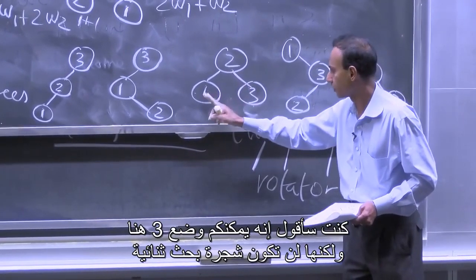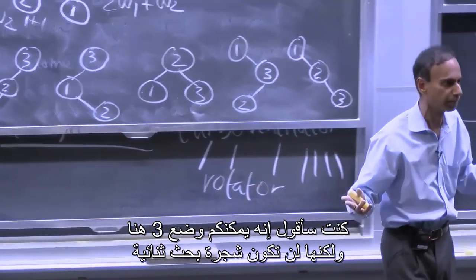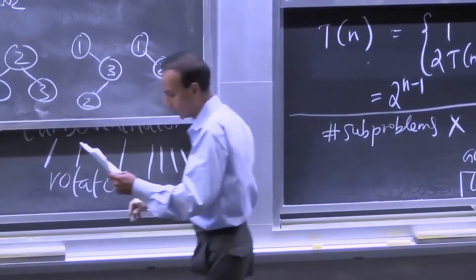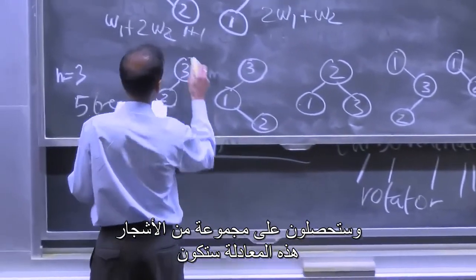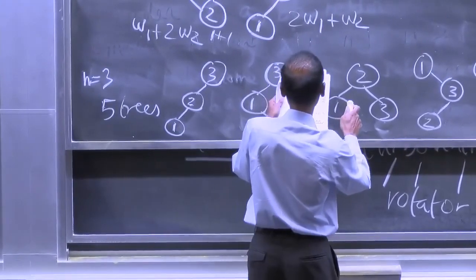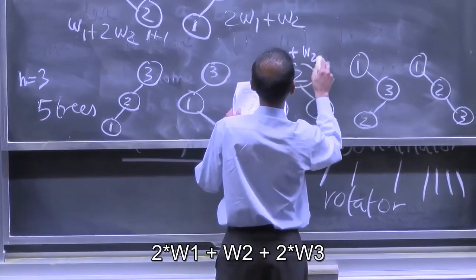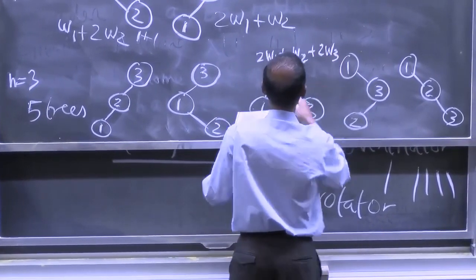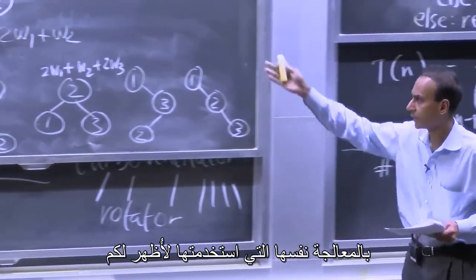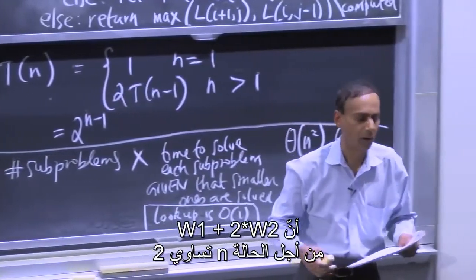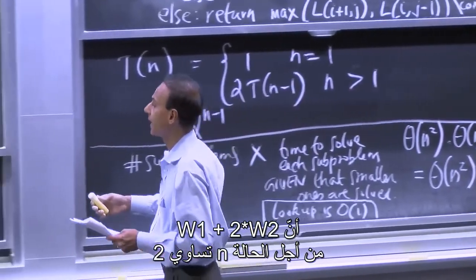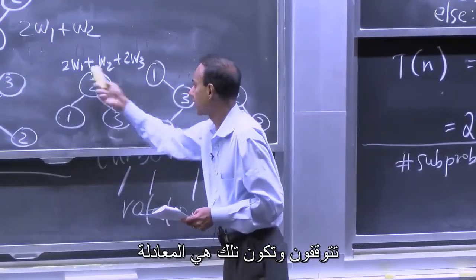I was going to say that you could put 3 in here, but that wouldn't be a binary search tree, right? So this is it, and we got a bunch of trees. This one would be 2w1 plus w2 plus 2w3, by the same process that I used to show you the w1 plus 2w2 for the n equals 2 case. You just go off, and that's the equation.